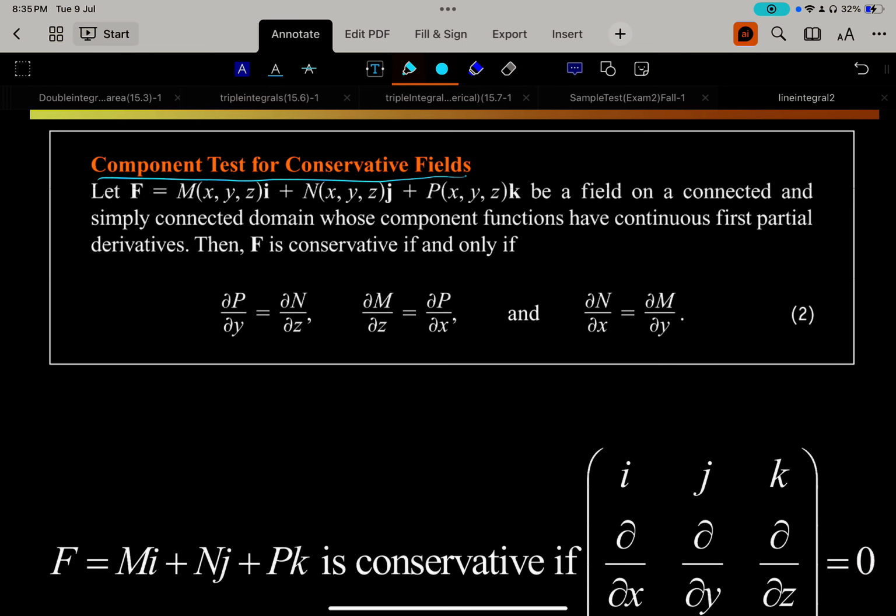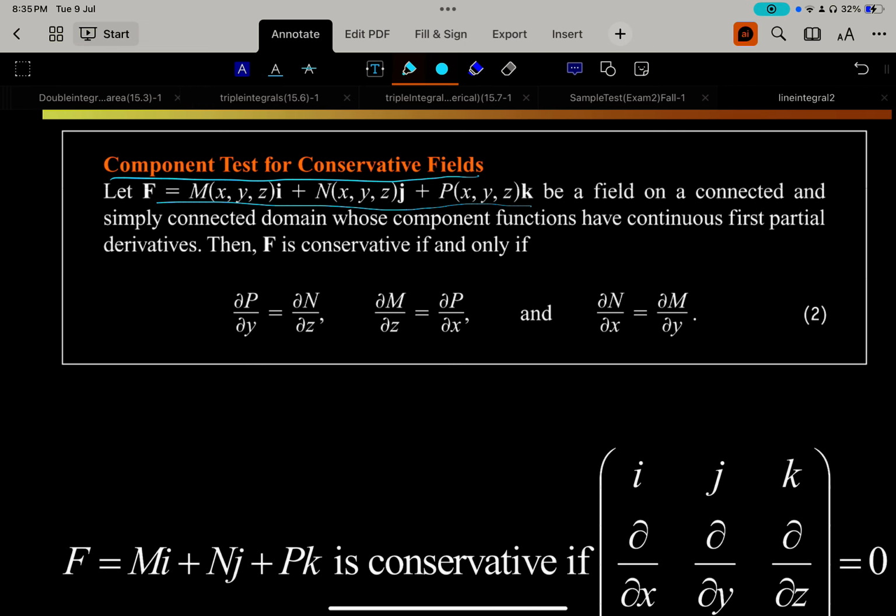Component test for conservative fields. If we have any force field and we want to check whether it's conservative or not, let it be a field on a connected and simply connected domain whose component functions have continuous first partial derivatives.